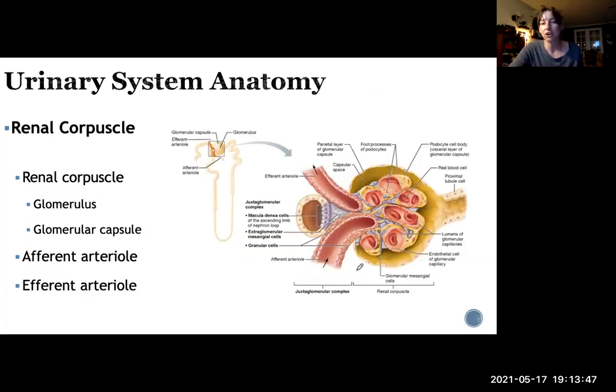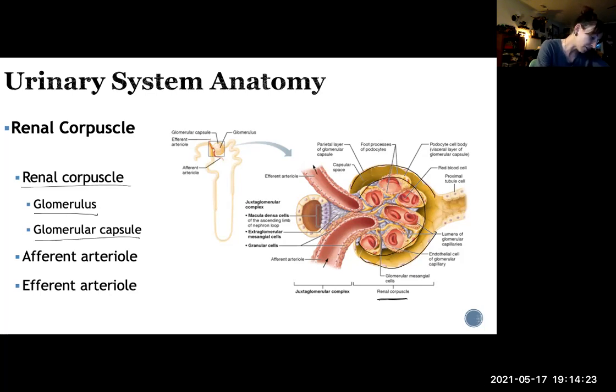All right, let's take a closer look at the renal corpuscle and the glomerulus and how this actually all works. So the renal corpuscle, again, is the whole thing. The glomerulus is this little ball of capillaries inside of the glomerular capsule, which is not actually labeled here.